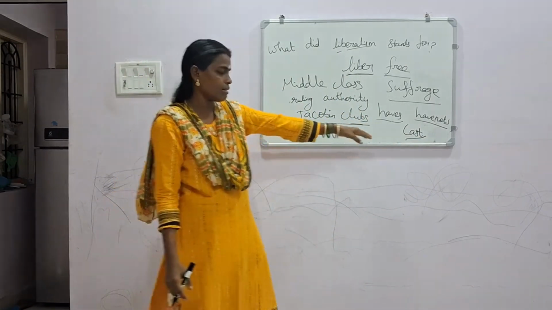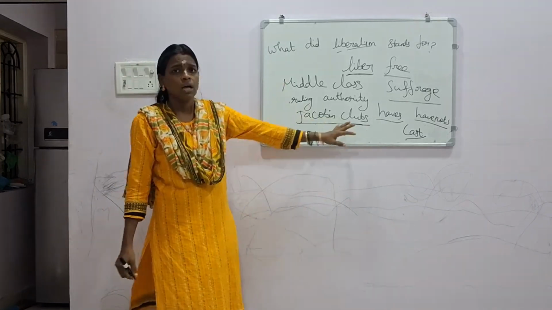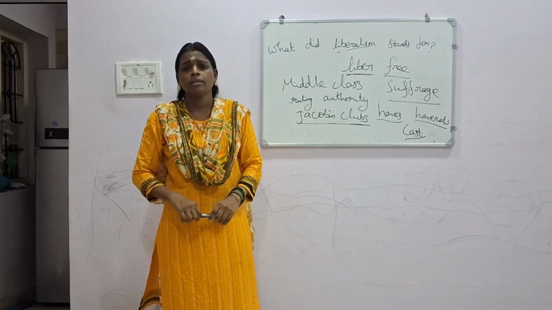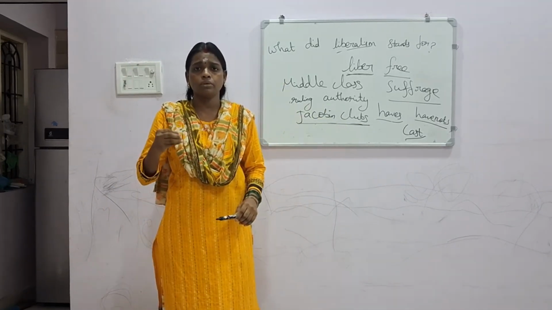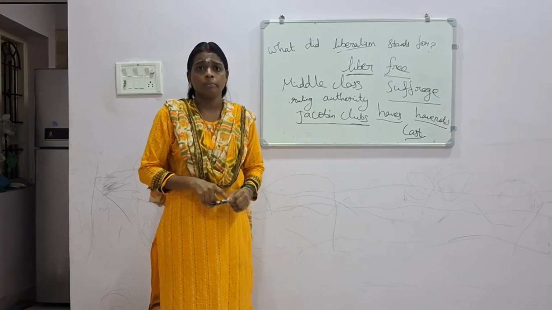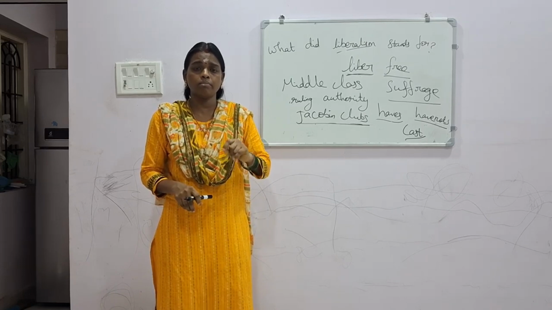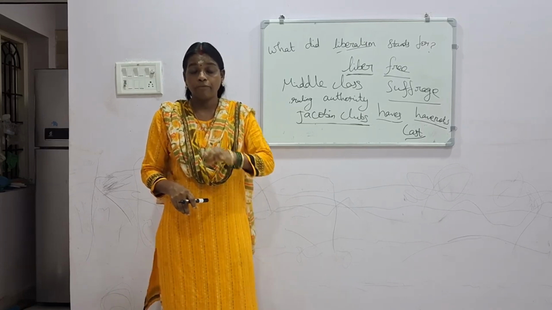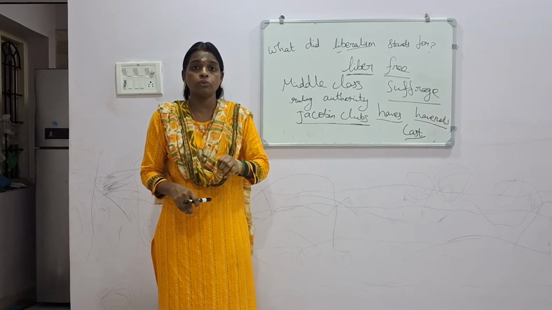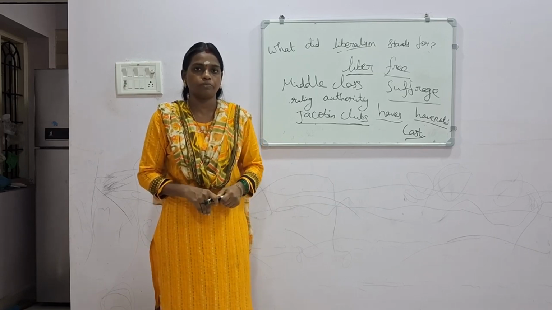So, because of the Napoleonic Code, the voting right was given only to men who had property, not to men who didn't have property, and women were also not allowed to cast their vote.